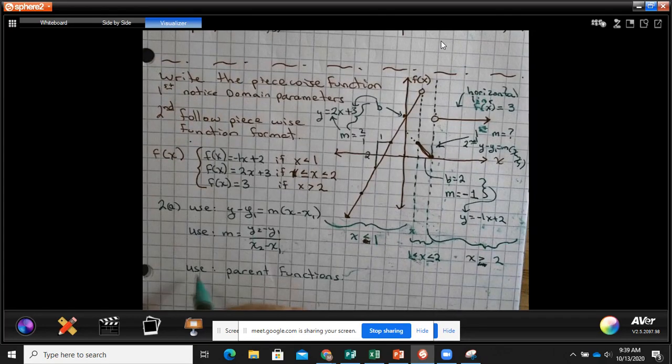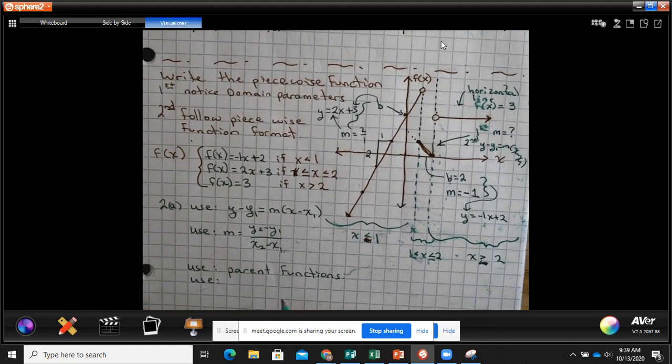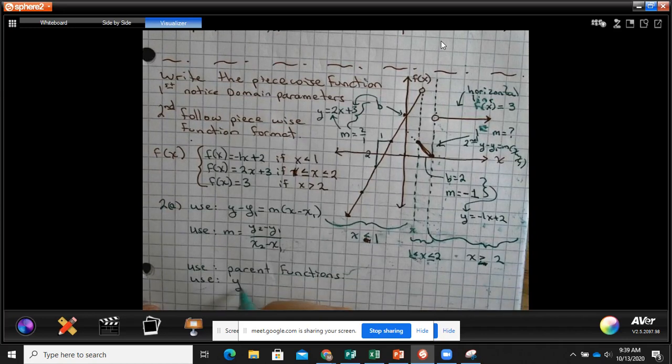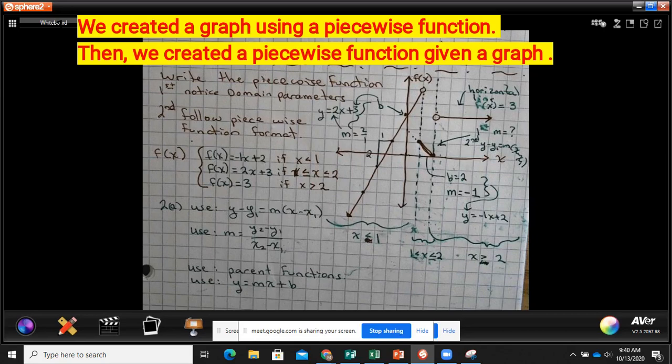You could have also used, like we did on this one, y equals mx plus b. Questions on that?